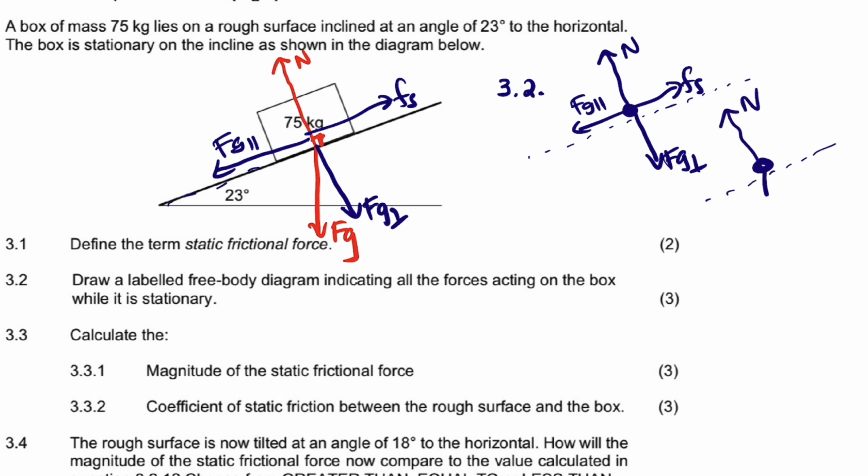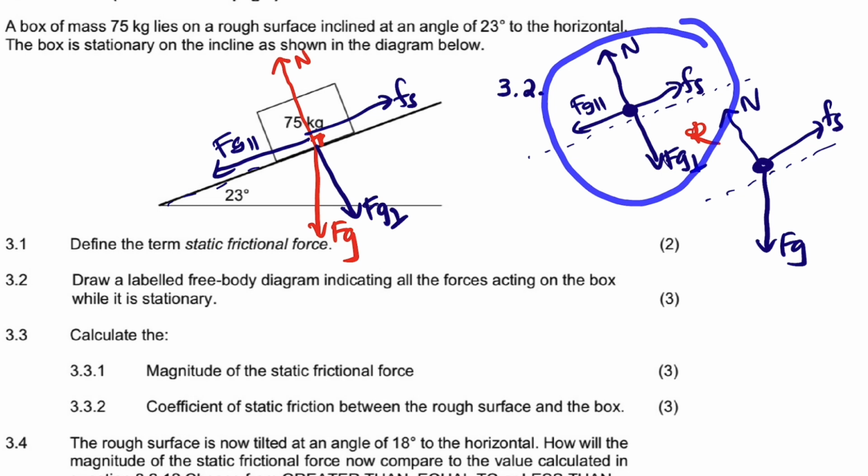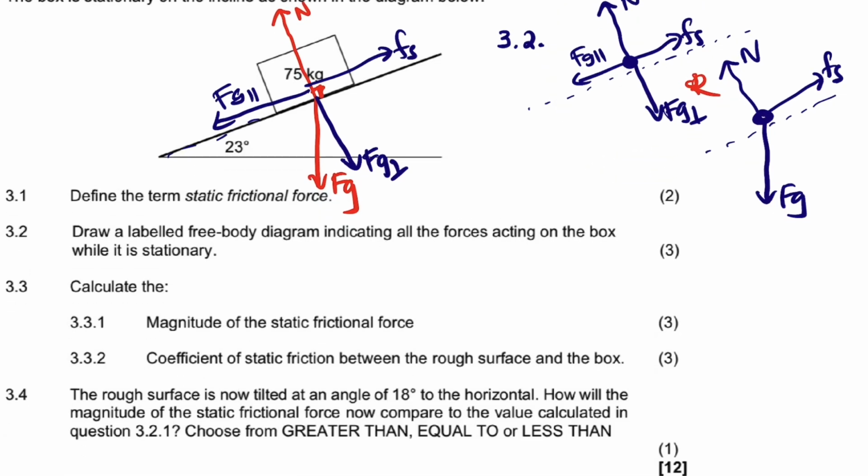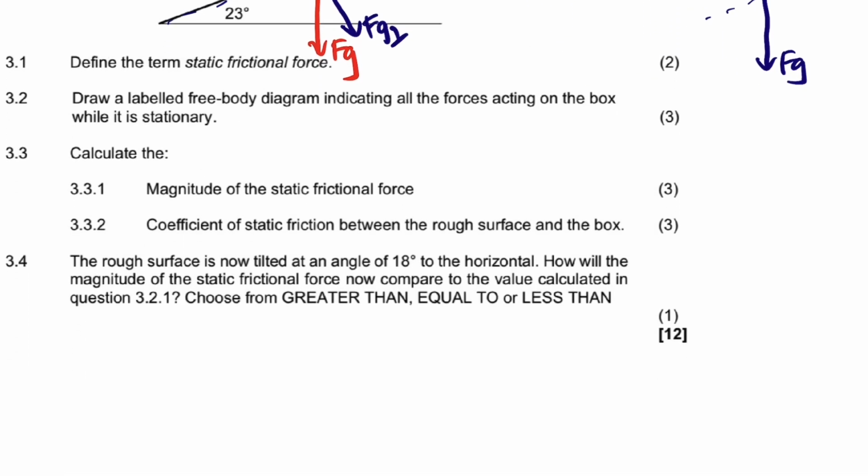I have the normal force, I have the FG, and the Fs. Those are the two ways that I can do the free body diagram, guys. You get the marks for both, but the one that helps you in this is the one that has components. It's really assisting.